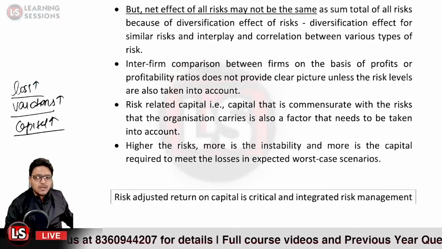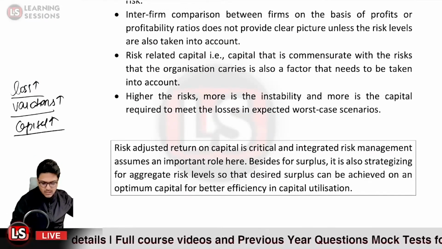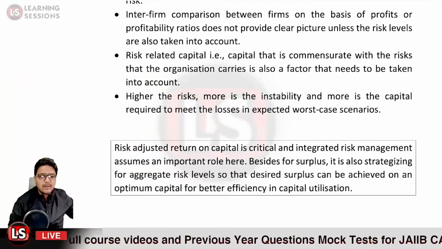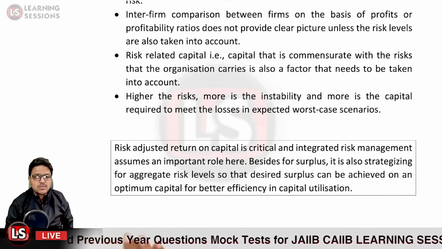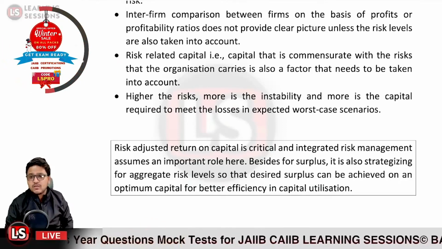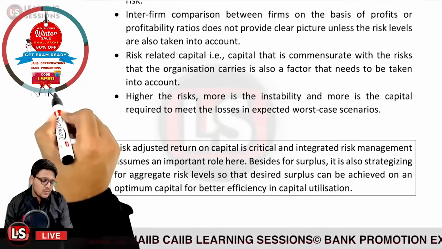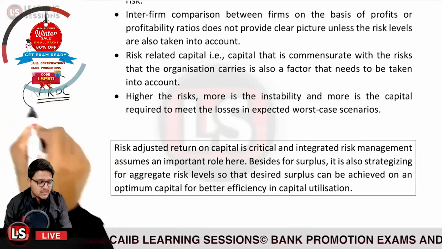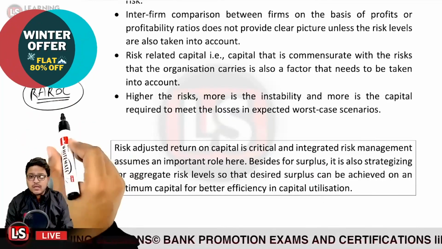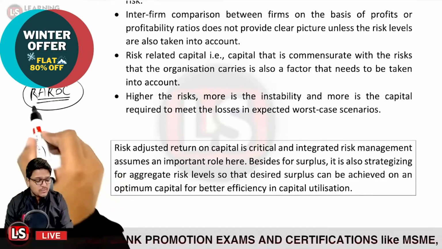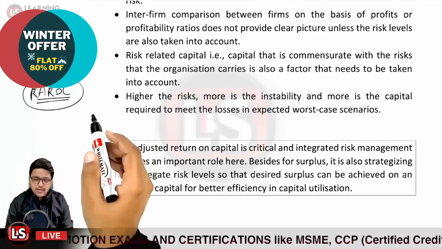Is that clear? Further, risk adjusted return on capital. Risk adjusted return on capital is critical, and integrated risk management assumes an important role over here, because you are talking about RAROC, that is, risk adjusted return on capital. Whatever return you are going to calculate, you must have a risk adjusted return.